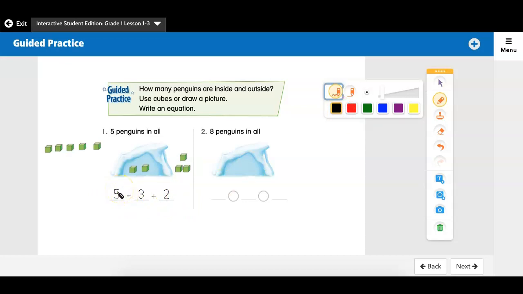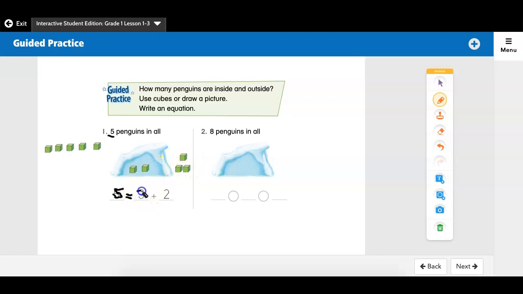So boys and girls, since it is written almost kind of backwards, I like to start by filling in the total number. So a 5, because we were given the total number, and that was all we were given when we started this. It said we had 5 penguins in all. So just trace this over with me. So we know 5 is equal to, and then our 3 would represent the number outside of the cave.